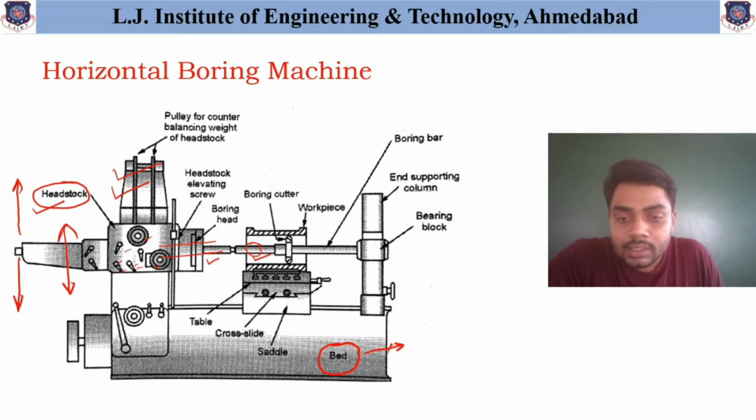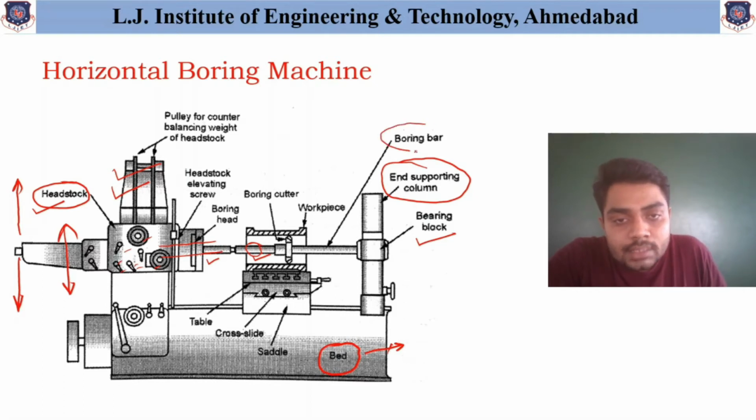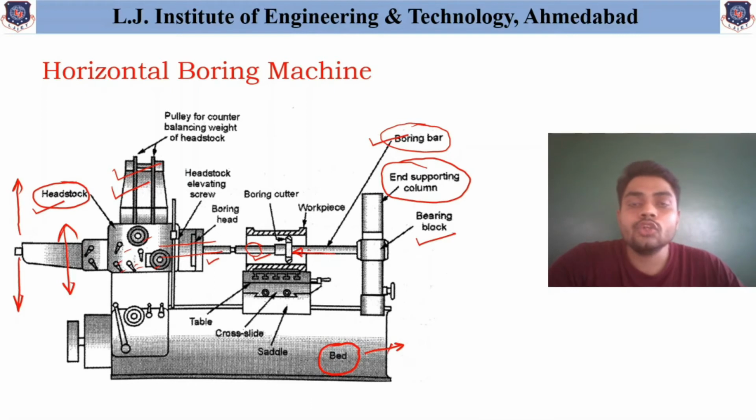Now similarly on the opposite side, you will see this end supporting column, and this end supporting column is provided to support the boring tool during the machining operation, because this end supporting column consists of the bearing block, and this bearing block is providing support to this boring bar, and this boring bar is connected with the tool, which helps to cut the material or to finish the material as per the requirement.